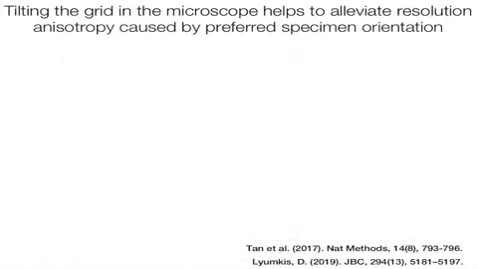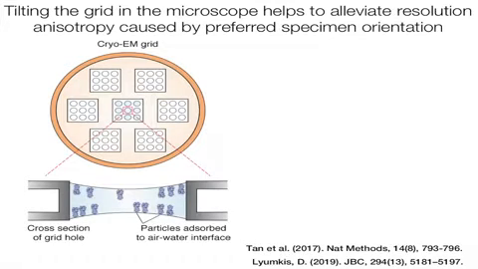And what we suggested a number of years ago is that you can tilt the grid in the microscope to help to alleviate resolution anisotropy and this smearing that's caused by preferred specimen orientation. So the idea is that if you have a cryo-EM grid, and here's a cross-section of the grid, particles tend to adsorb either to the top or the bottom, so one of two air-water interfaces.